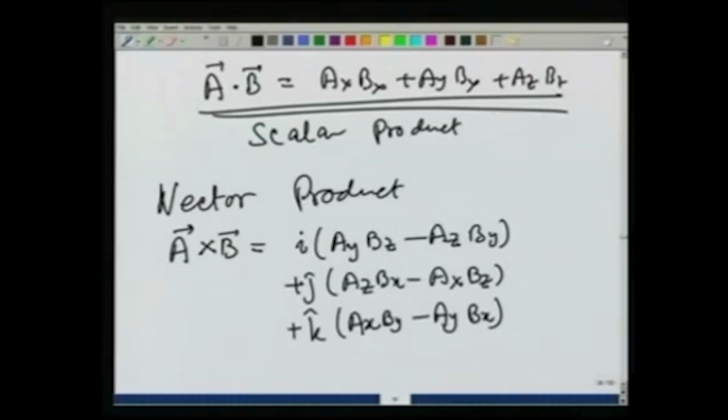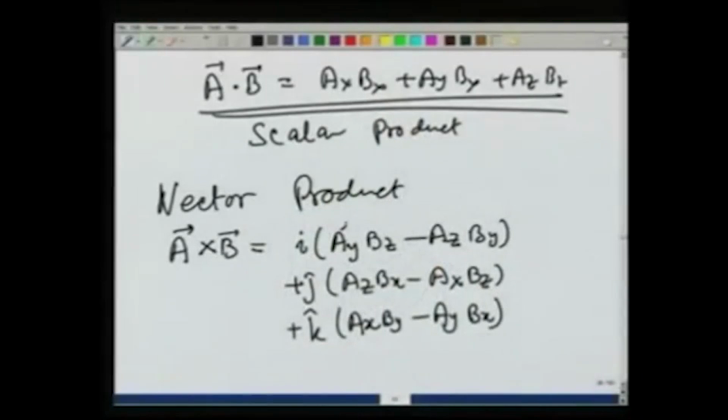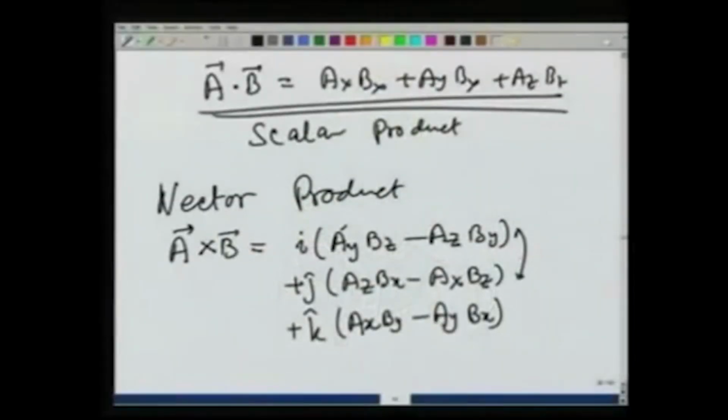What happens under transformation? Under transformation, if I transform each component ax, ay, the way we did earlier, these components should also mix according to the rule of vector transformation.